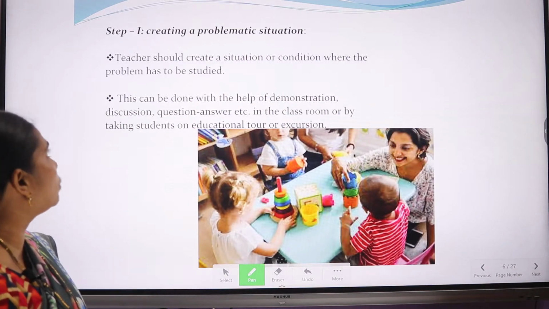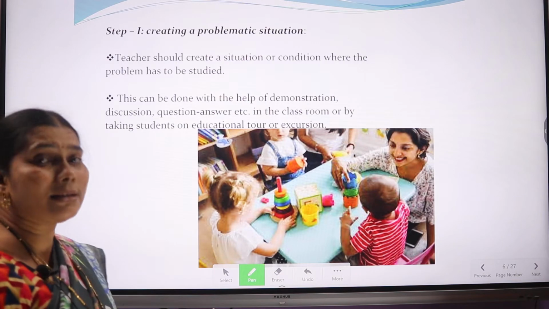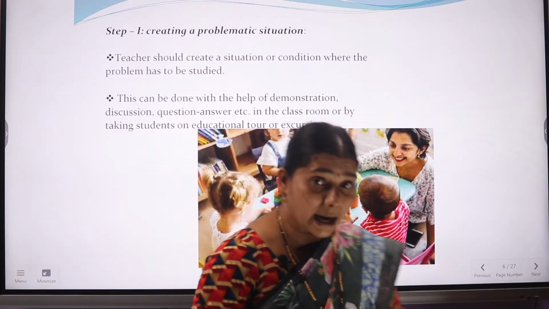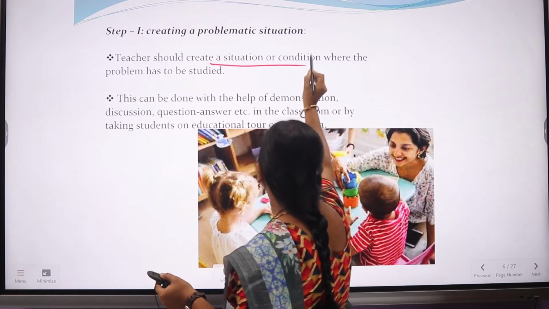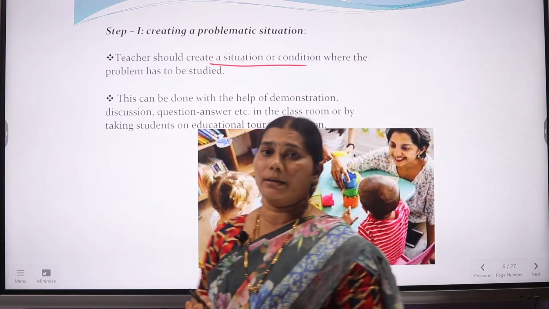The first and foremost step is creating a problematic situation. How are we going to create it? The teacher should create a situation or condition where the problem has to be studied.